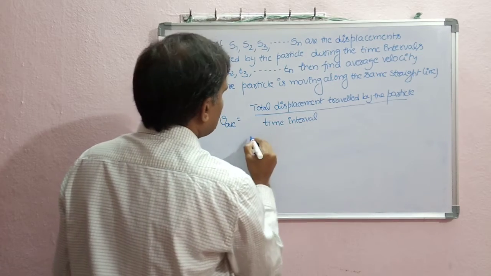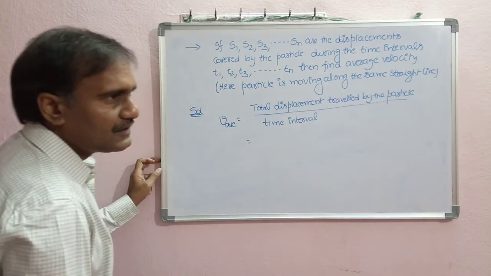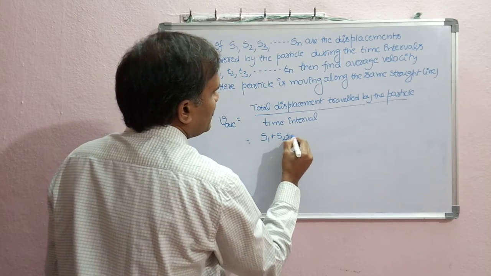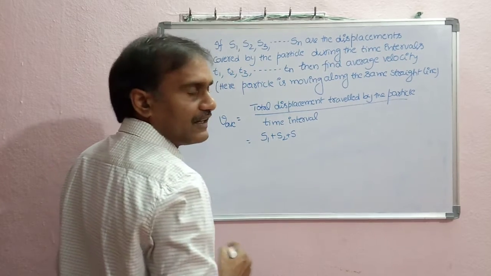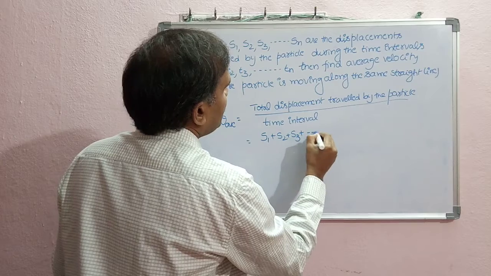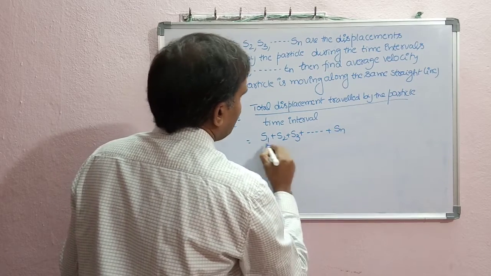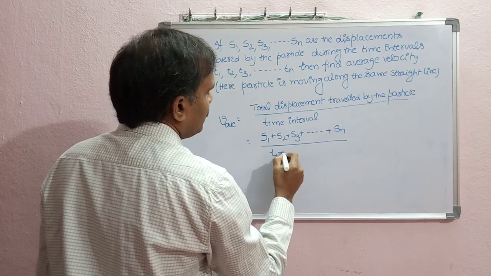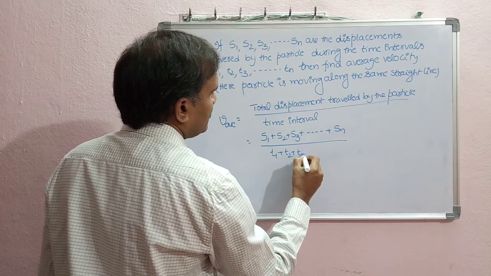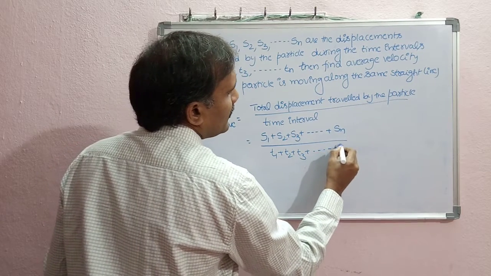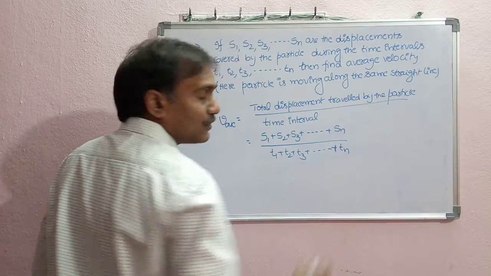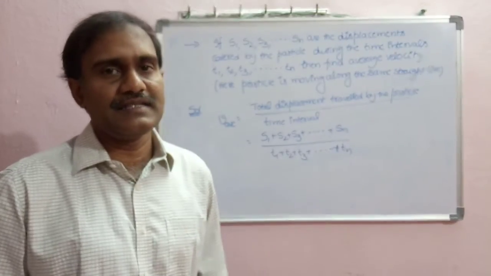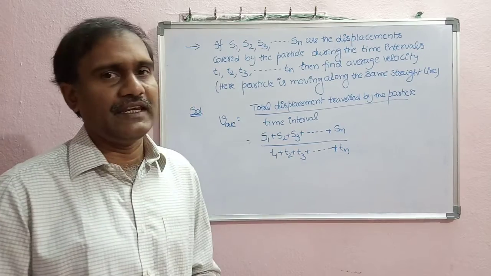What is the total displacement traveled by the particle here? For the complete journey, total displacement covered by the particle is S1 plus S2 plus S3 plus so on up to Sn, divided by total time interval T1 plus T2 plus T3 plus so on up to Tn. It is also equal to average velocity and average speed.